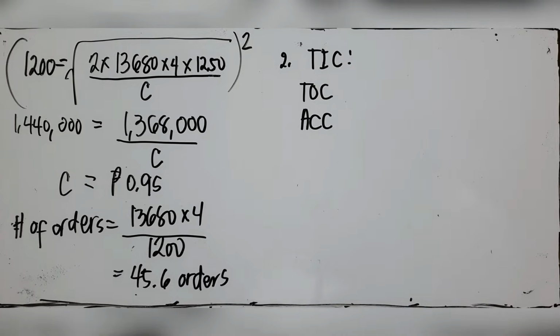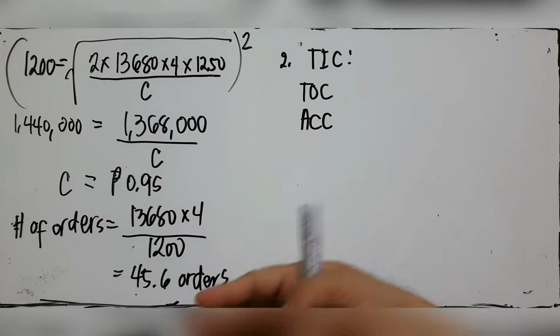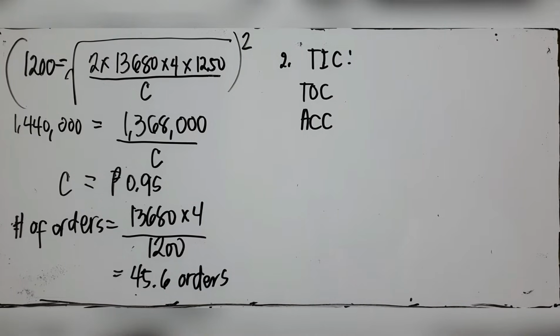Siyempre, walang 0.6 na order. That's automatically 46 orders. Kaya lang, siyempre, for exam purposes rather, we just have to use 45.6 orders, unless sabihan ng examiner na you have to round up or round off yung makukuha nating sagot. But for the meantime, let us just make use of 45.6.